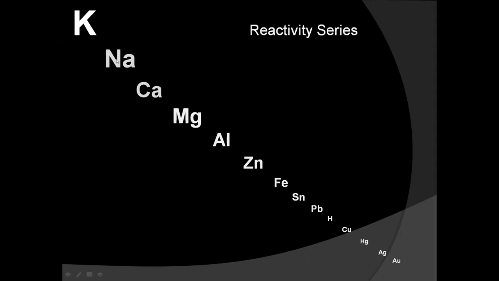Potassium and sodium: can you tell me which of these two is more reactive? Obviously it is potassium. Why? Because it occupies the first place in the reactivity series. Sodium comes below potassium, so sodium is less reactive. If we compare sodium and calcium, sodium is more reactive than calcium. In the same way, if we compare zinc and copper, zinc is more reactive than copper.